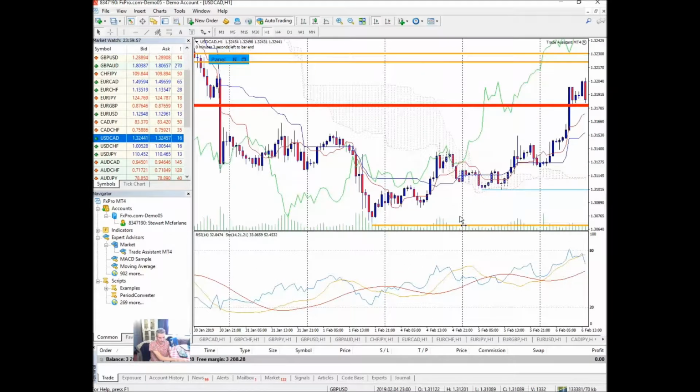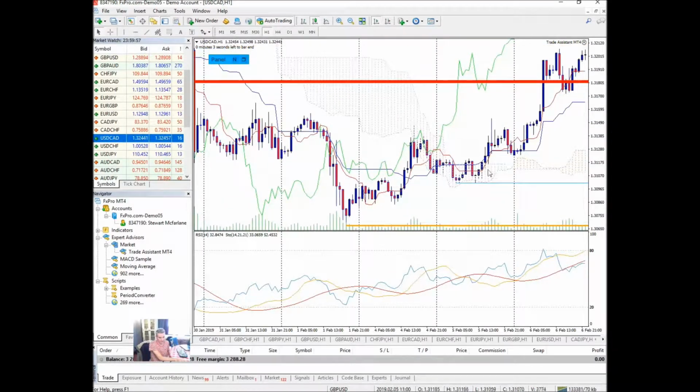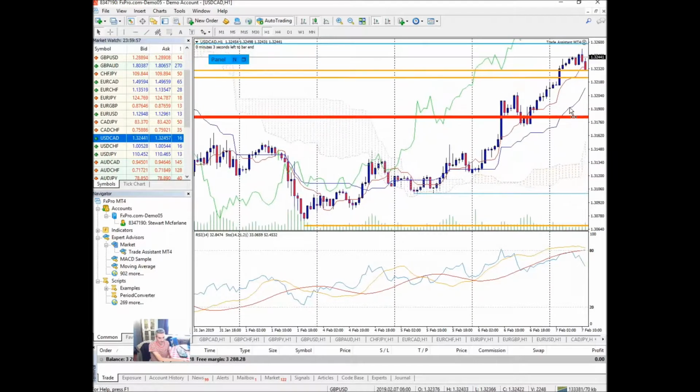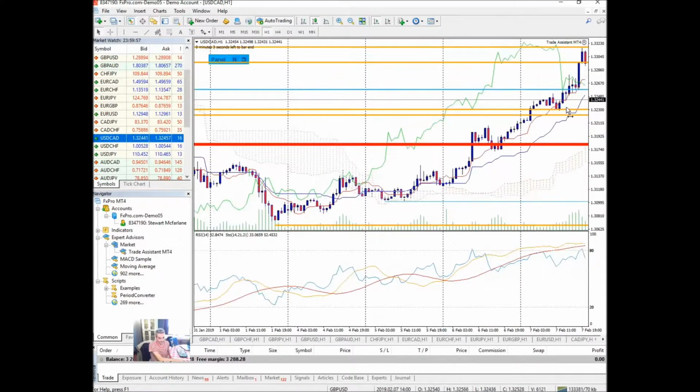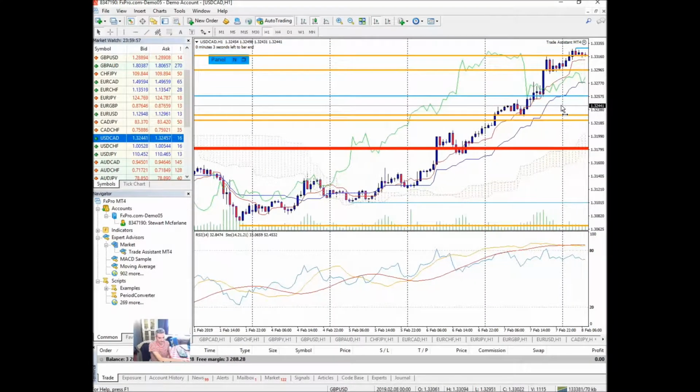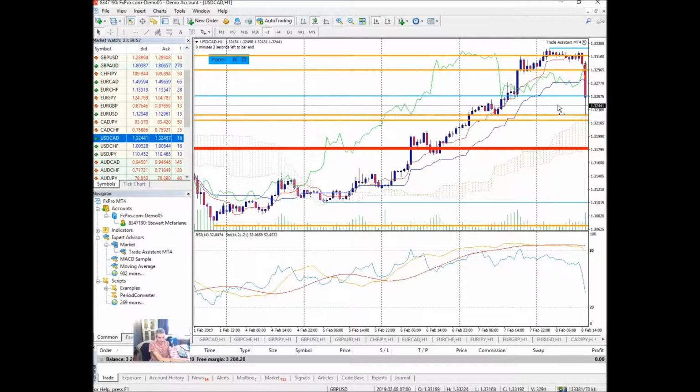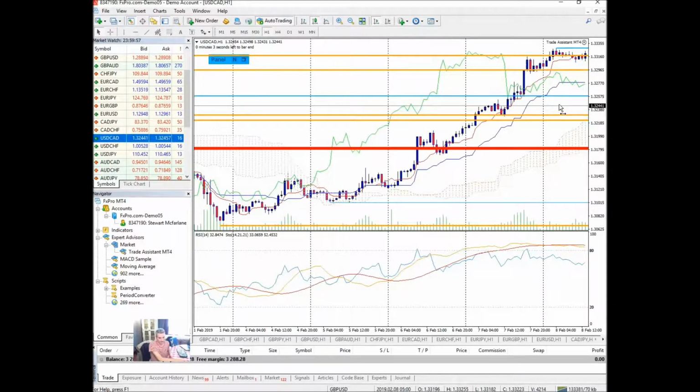It still hasn't technically, that's it. So this is the area I'll be looking at to try and get the confluence on the signals. It's not there yet, that's kind of going up here. And I think that was where it's starting to become interesting on a short, although you've got this line.